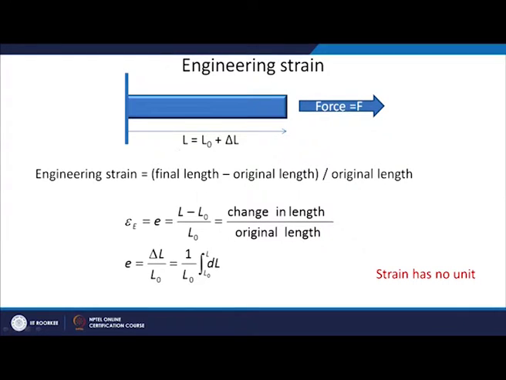Engineering strain, if you want to define it: when we deform the material, the length L will be equal to the initial length L naught plus whatever the elongation or deformation is, delta L. So the initial length is L naught, which has become L after deformation.